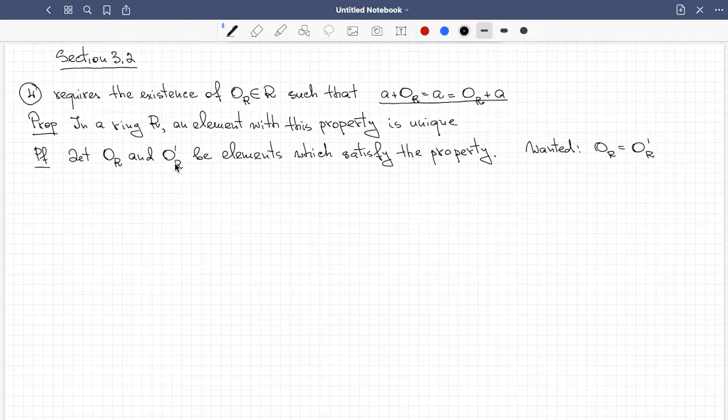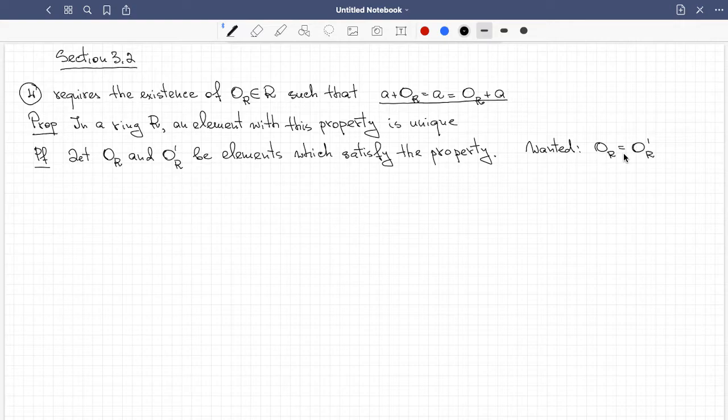So any two elements which satisfy this property coincide. This is the same element. Equality means same element of the ring as a set.